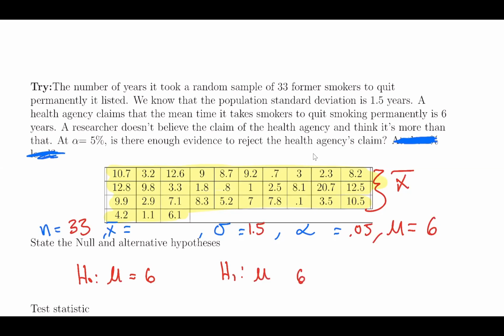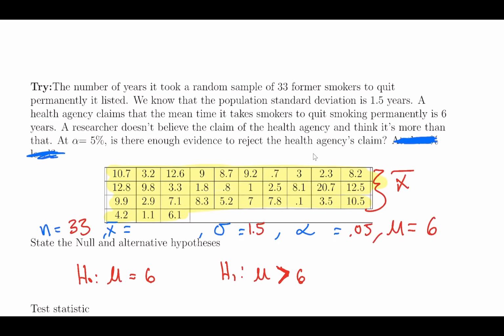It's going to state that we don't believe their claim. Do we think it's less than 6 years, more than 6 years, or different from? More. Yeah, we think it's more. So that's going to be our null and that's going to be our alternate hypothesis. Any questions for our null and alternate hypothesis?